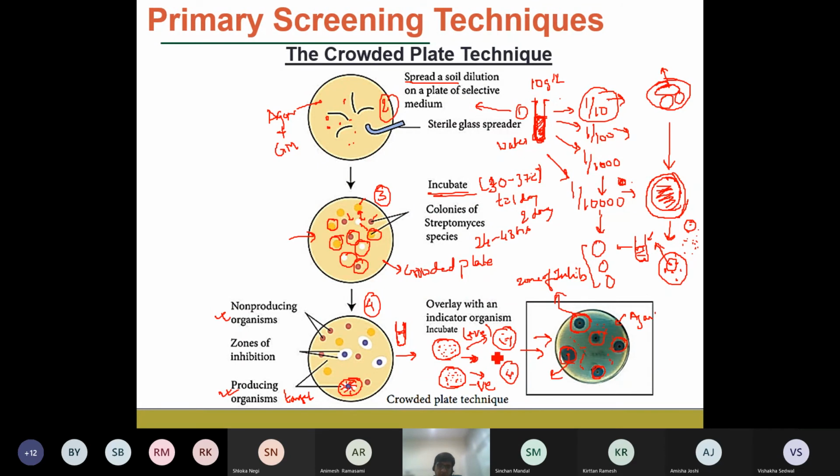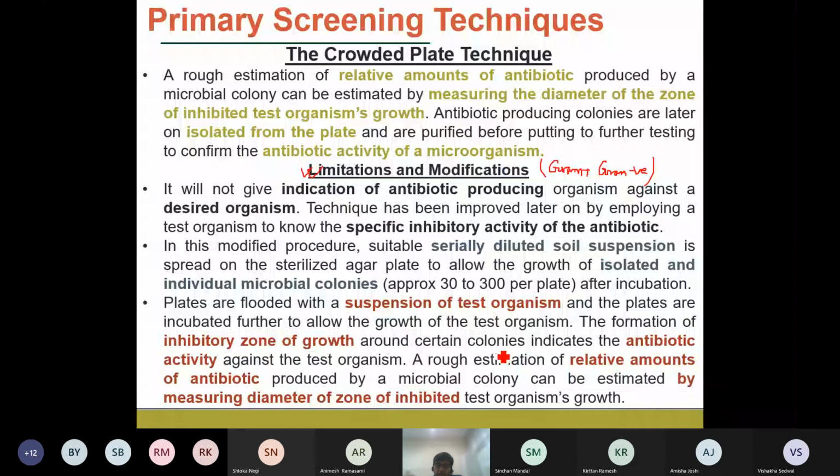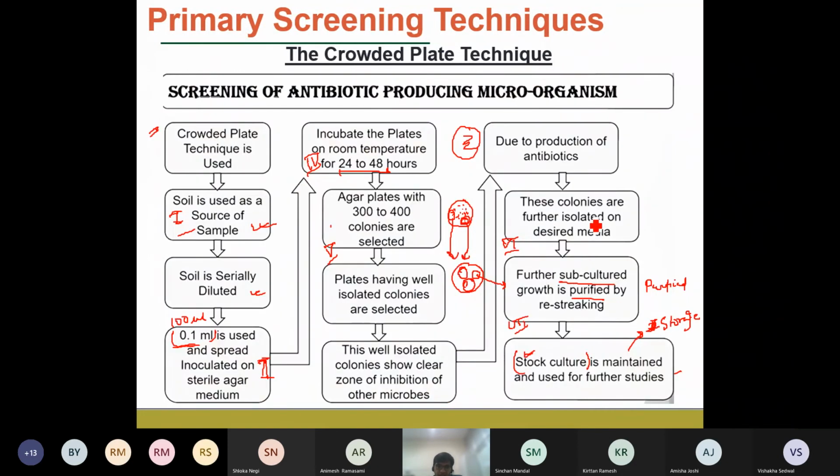Depending upon that, this antibiotic can be classified as broad range, or specific, inhibiting very selective molecules. So we can classify whether it is a narrow spectrum antibiotic, a broad spectrum antibiotic, or an extended spectrum antibiotic. That classification is required.